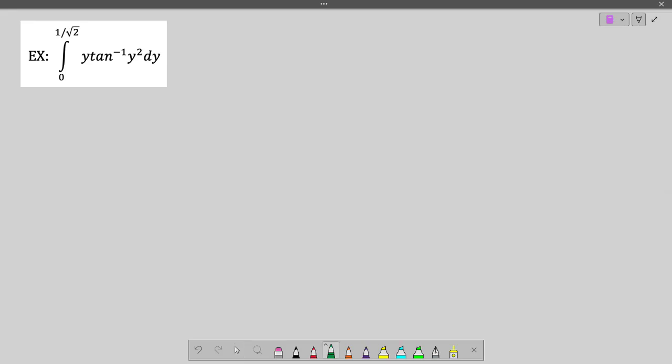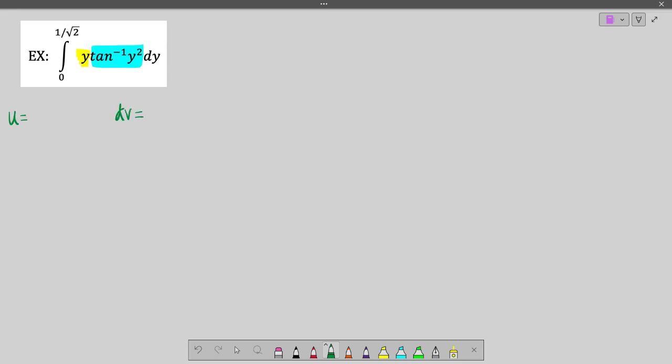So again, with integration by parts, we want to identify two functions normally. We've seen that sometimes that second function is really just the constant one. But when I look at this, there's a clear product there: y times arctan of y squared. We have a choice for u and a choice for dv.